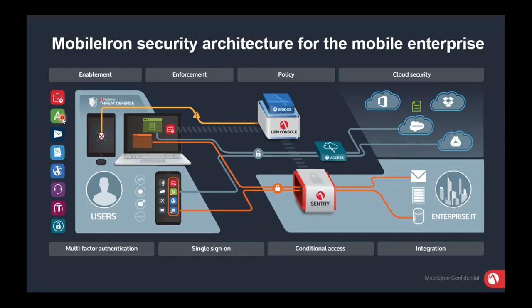If the device is owned by the company, the IT can block access to the Google Play Store or iOS App Store totally and allow only the Enterprise App Store to be published, and the user can install only apps published through the Enterprise App Store. And the other is secure email and secure docs, Docs at Work and Web at Work.